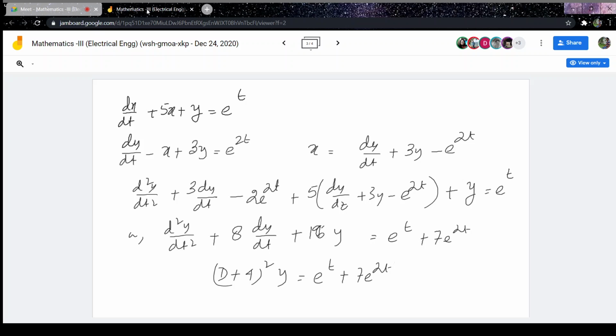Solve it. You have to find out both CF and PI.